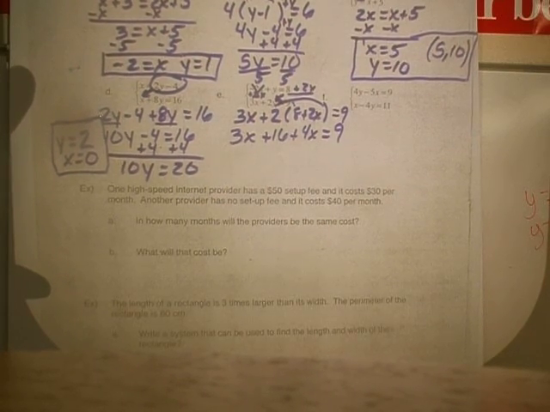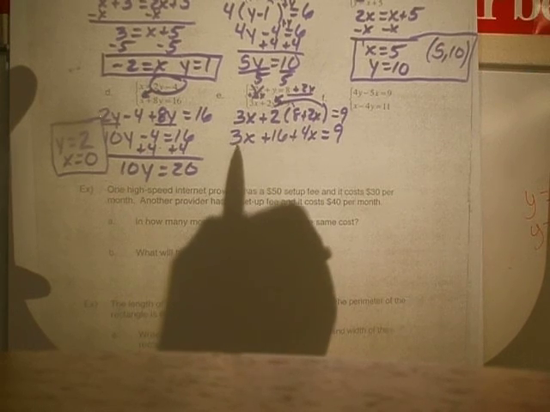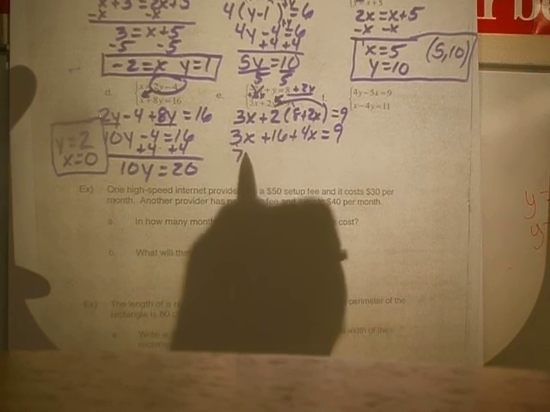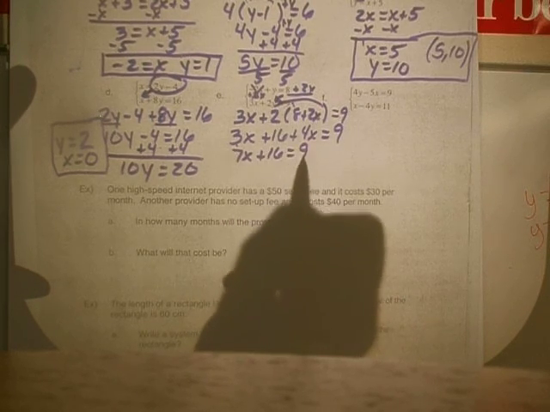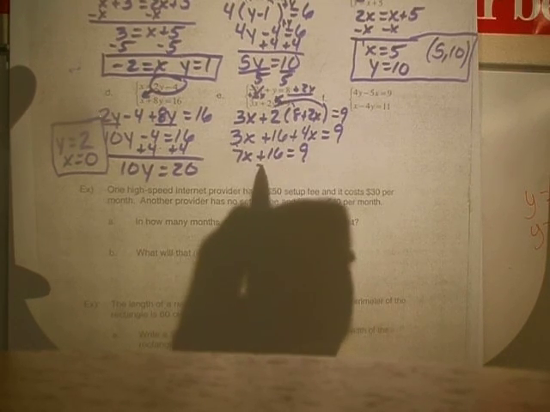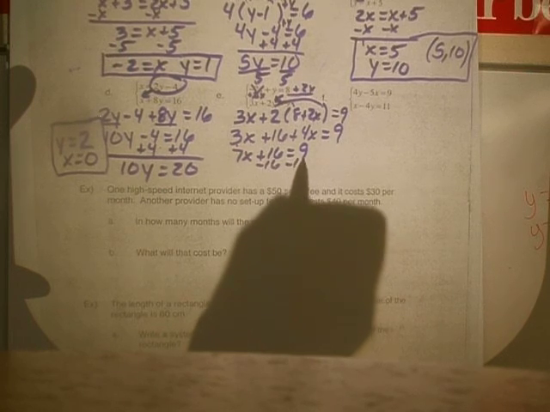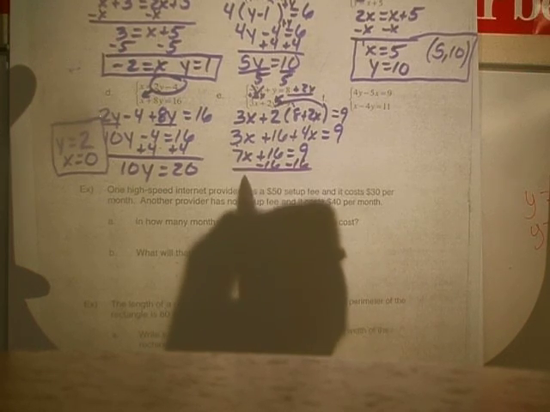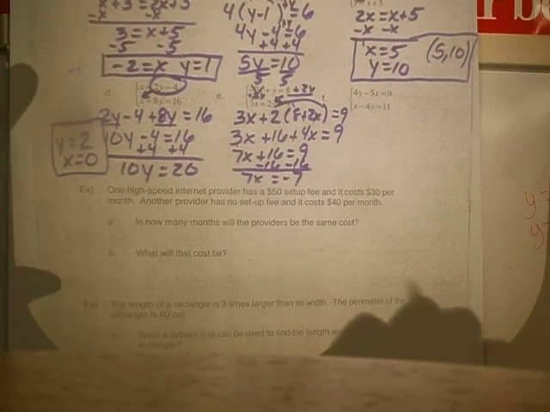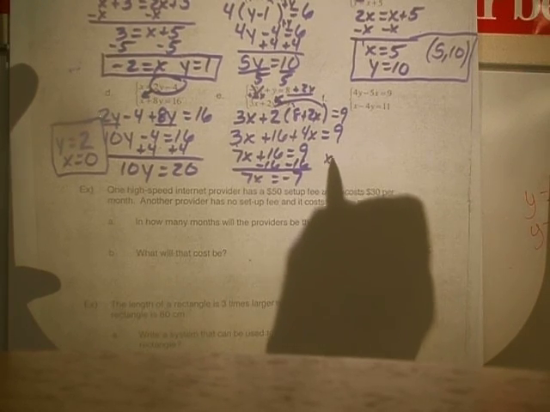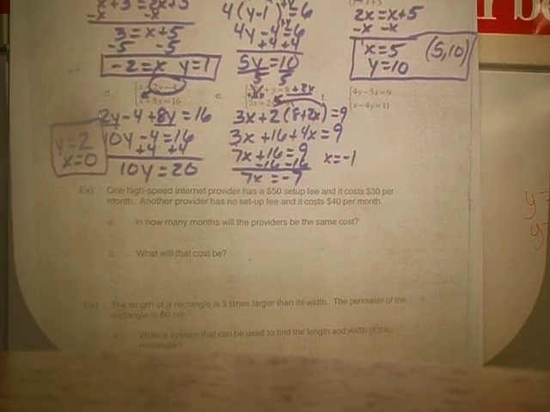We need to combine like terms. 3x plus 4x is 7x, plus 16 equals 9. Subtracting 16 from both sides, you have 7x equals negative 7, and your x ends up equaling negative 1.